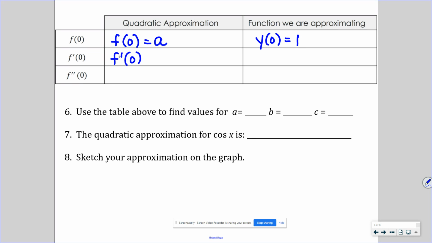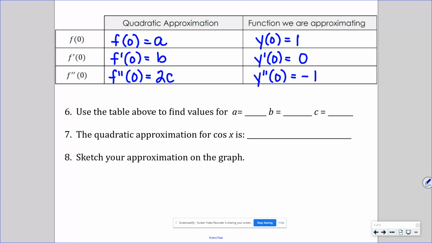Let's go to the derivative. Plugging 0 in for x would give us just b. For the cosine function, the derivative would be negative sine of 0, which is 0. And then the second derivative: if I plug 0 in, I'm going to get 2c because the expression was just 2c. And over here, plugging 0 in for x, we would get negative 1.